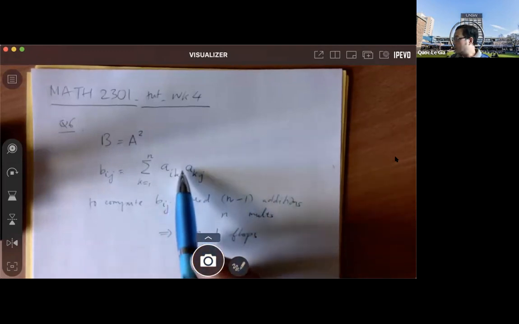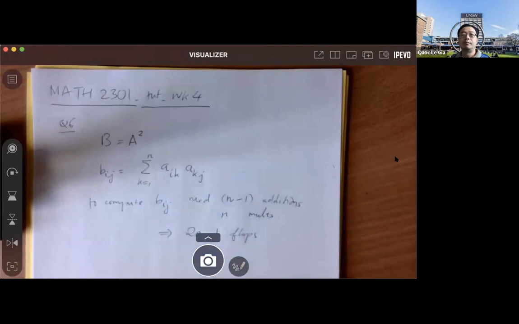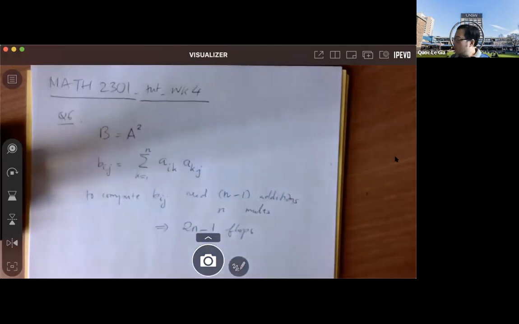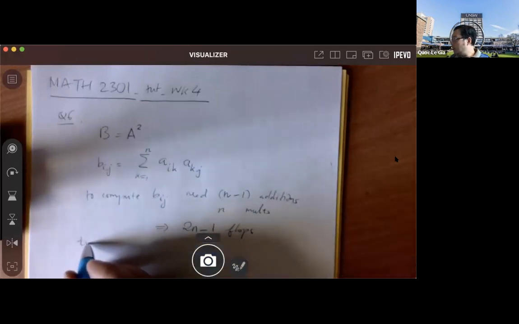So totally you have 2n minus 1 floating operations for only one element of the matrix B.